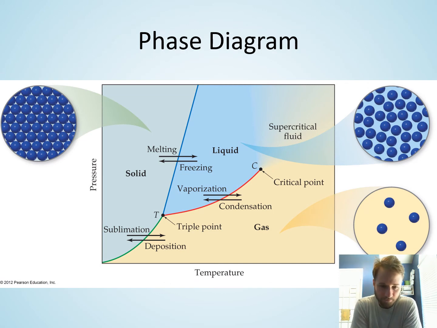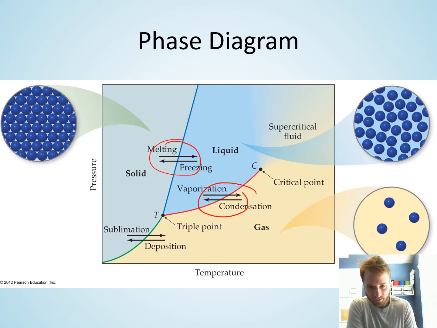So we'll finish up talking here about phase diagrams. We just talked about these phase changes, melting, vaporization, and these are labeled on your phase diagram. In these typical phase diagrams, we have our solid phase, our liquid phase, and our gas phase.